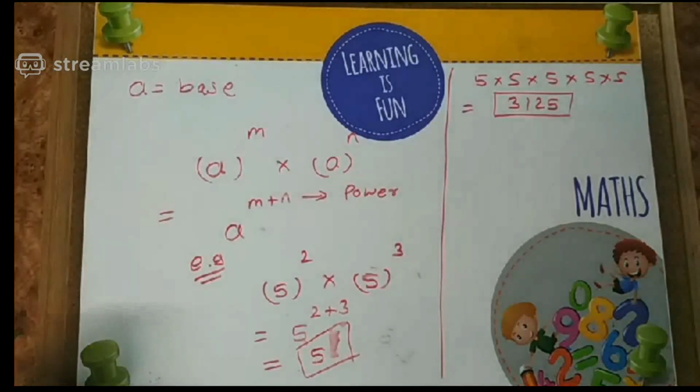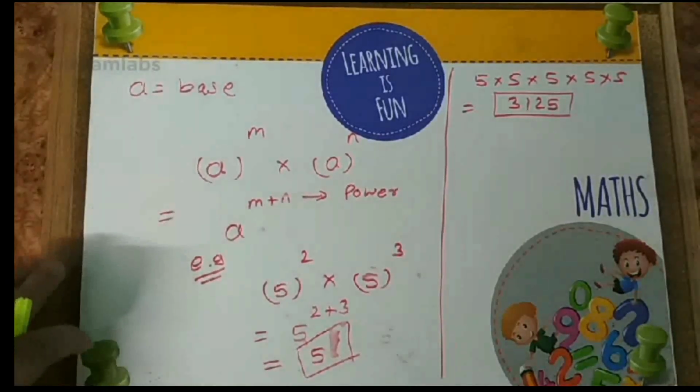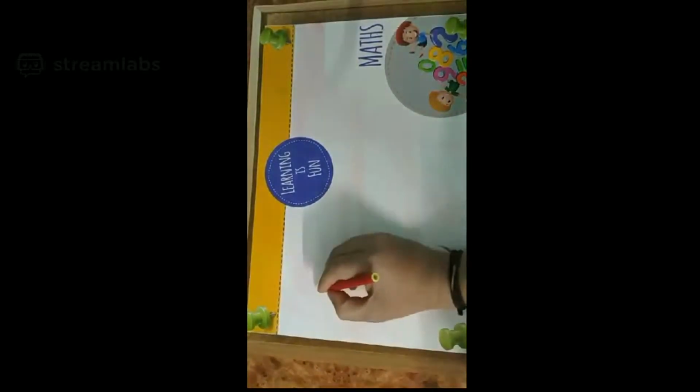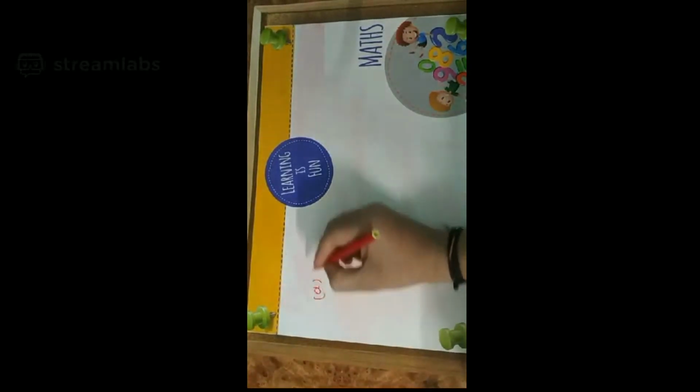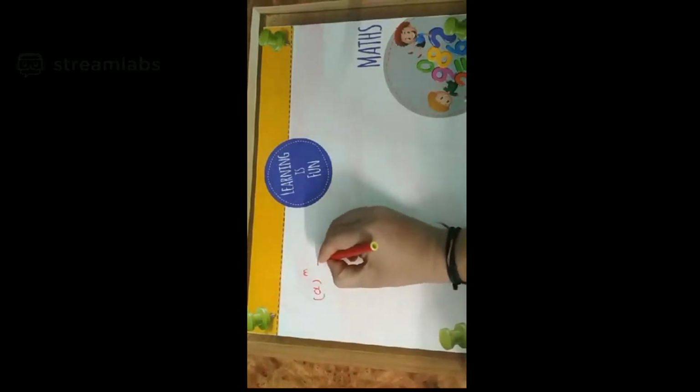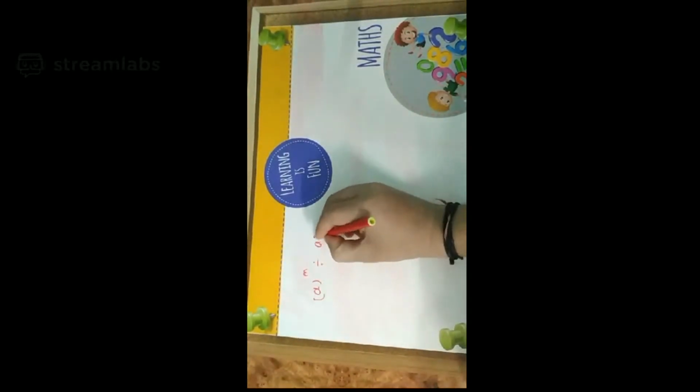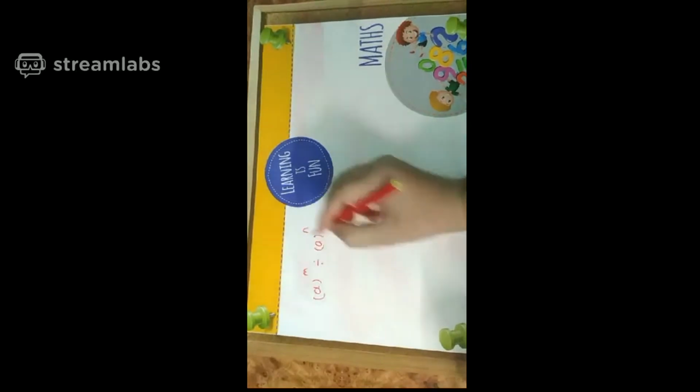So now we are moving towards the next law. What if the base is the same and the power is different, and between them we have a division sign?